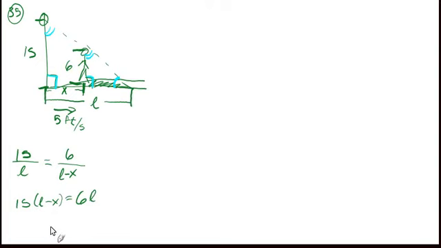And since I want to know something about how fast L is changing, how fast the tip of his shadow is moving, I know that means I want to know something about dL/dt, the rate at which L is changing with respect to time. So let's get L by itself. We're going to distribute: 15L minus 15X equals 6L.